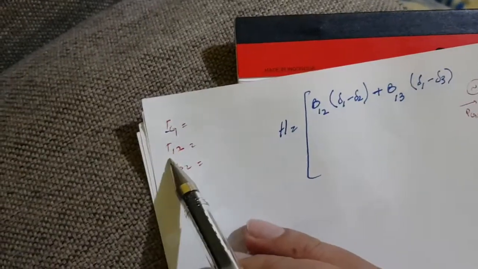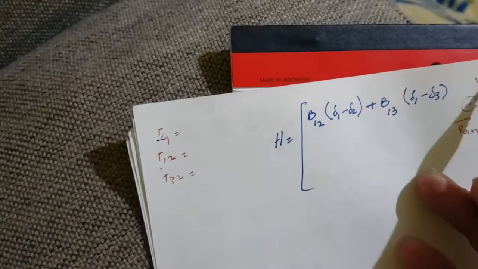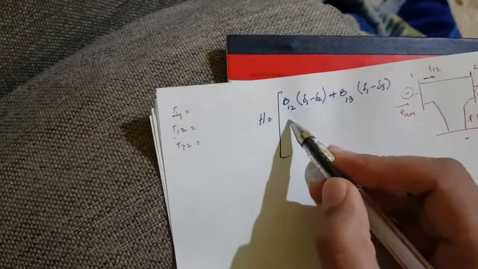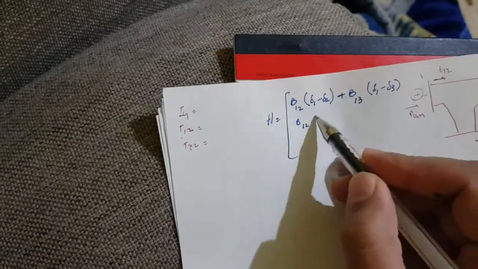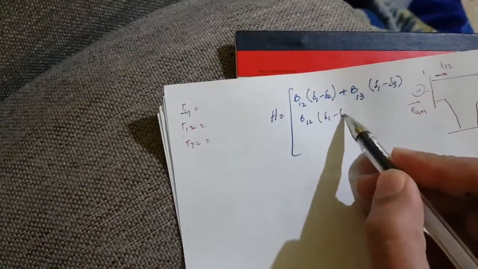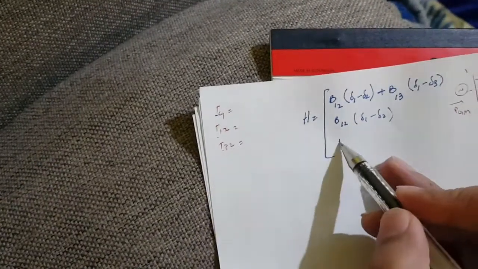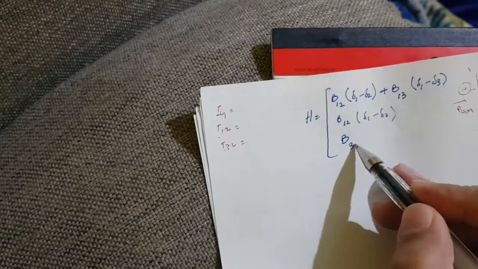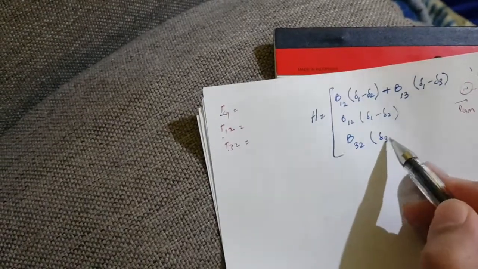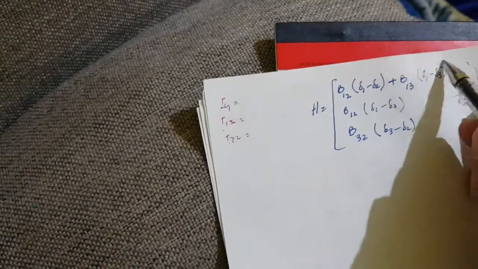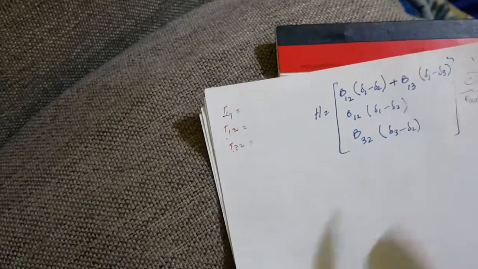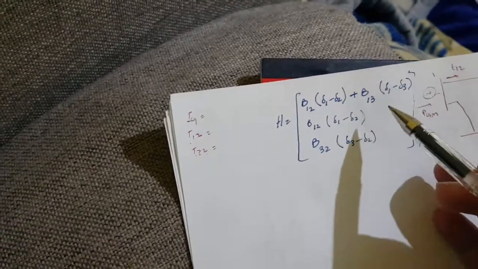The second position is T12. T12 will be B12 times delta 1 minus delta 2. Third one is T32, B32 times delta 3 minus delta 2. Okay, this is our whole set.